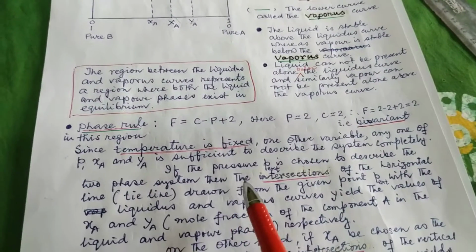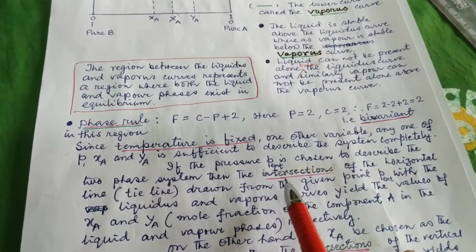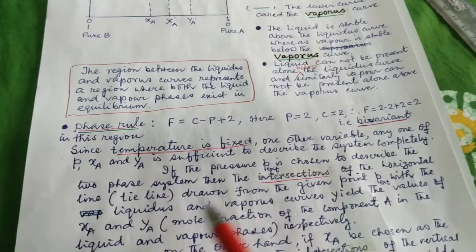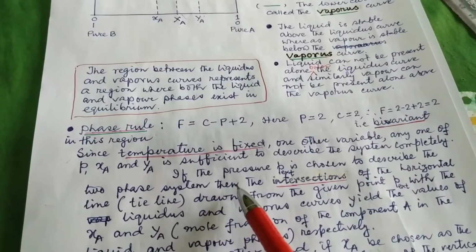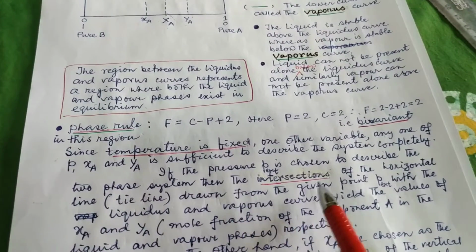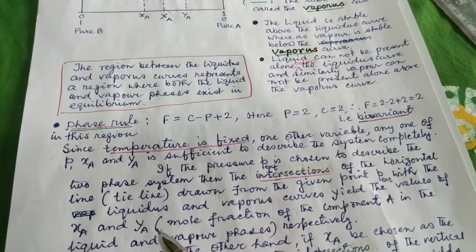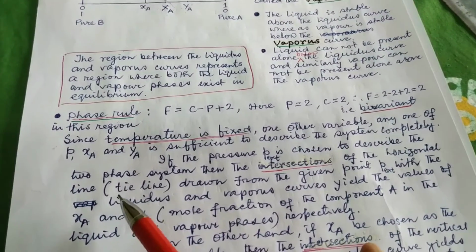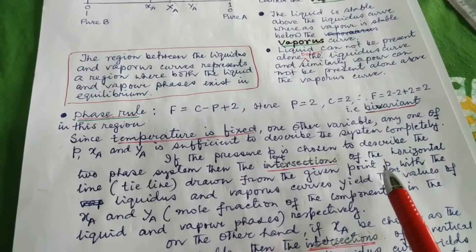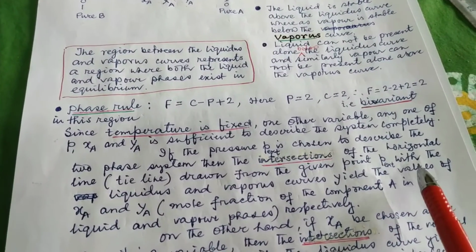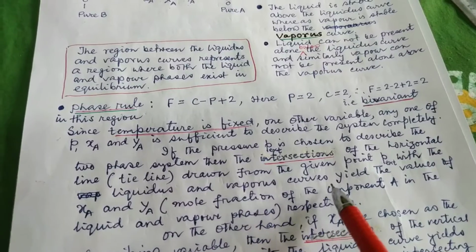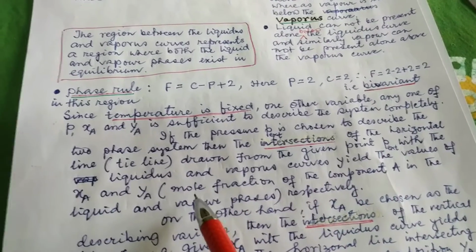Now, if the pressure is chosen to describe the two-phase system, then the intersections of the horizontal line drawn from the given point P with the liquidus and vaporous curves yield the values of Xa and Ya.